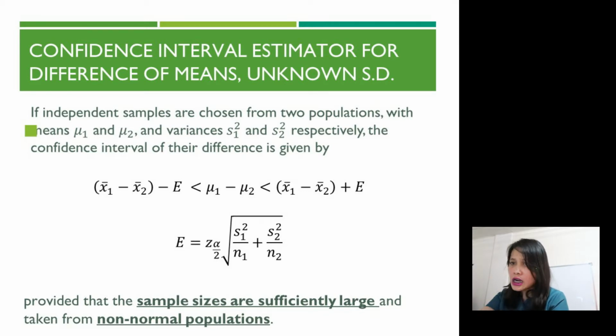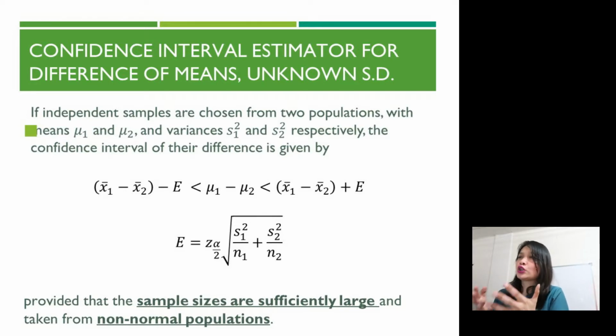So in letter B condition, the standard deviation is unknown, meaning the standard deviation is not given.